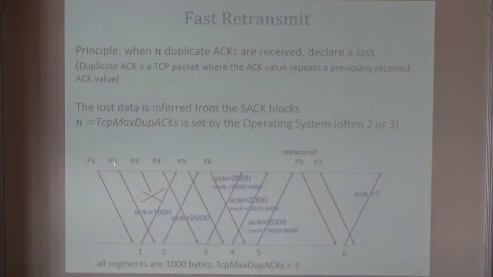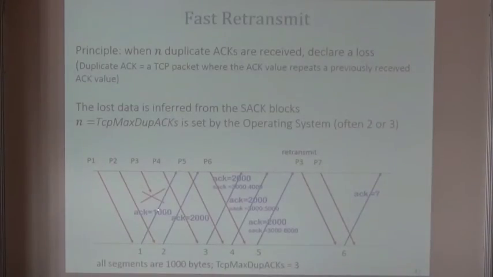So here I'm showing 2 packets being sent. Packet 3 is lost. Then when I receive the acknowledgement for packet 2, and then 3 more packets are being sent and successfully received, there will be ACKs that are duplicates. So the first one is not a duplicate ACK. Duplicate ACKs means the ACK field is the same as I have seen in a previous ACK.